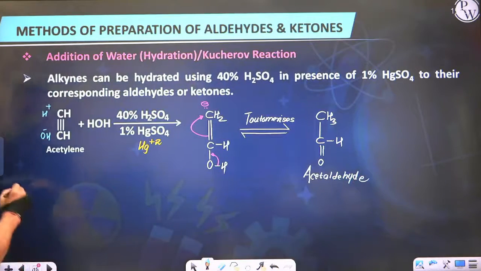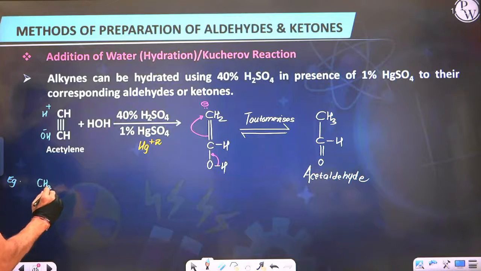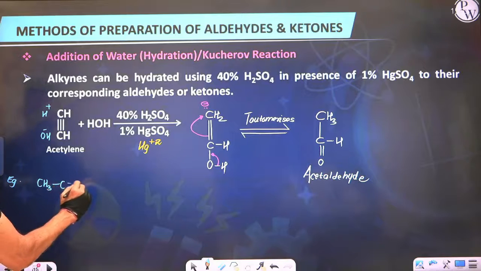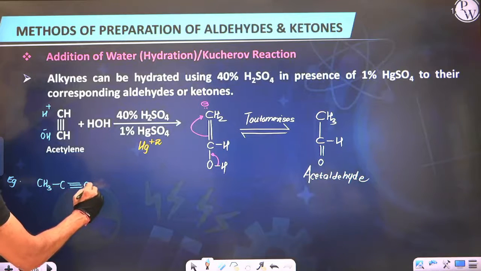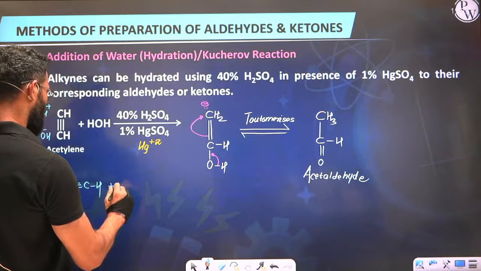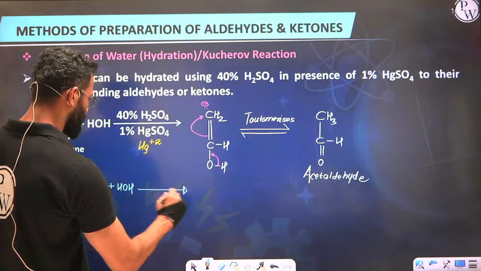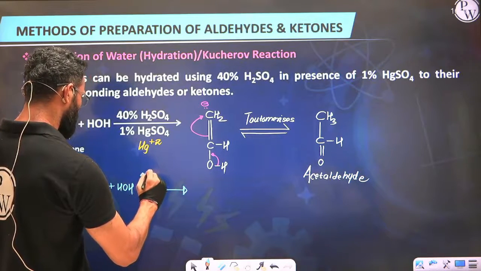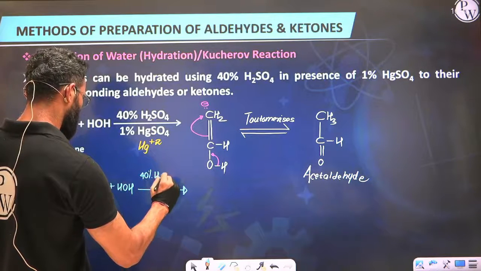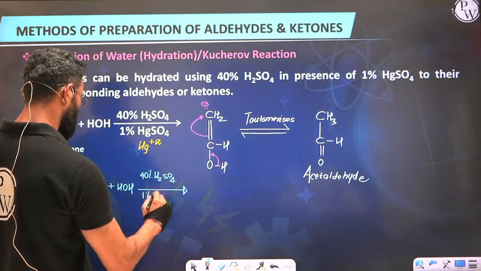So let's say now we have, as an example, CH3, C triple bond CH. And now we are carrying out hydration of such alkyne in presence of 40% H2SO4 and 1% HgSO4.